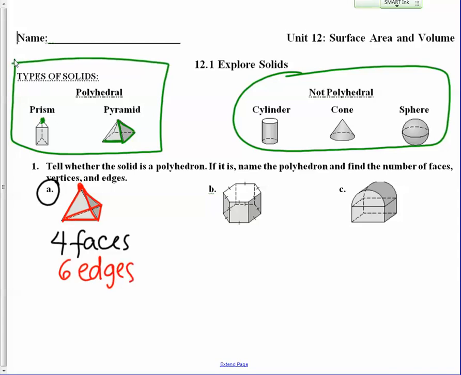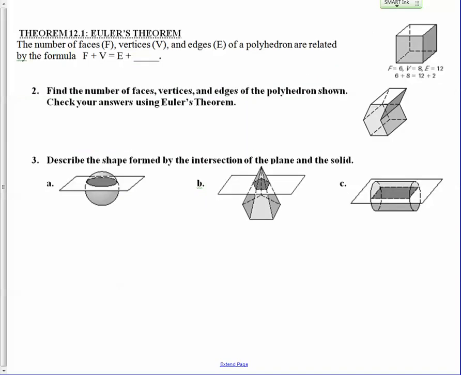And now let's recognize the vertices in here. 1 on the top, 1 here, 1 here, 1 here. So that would give me 4 vertices. We can check our calculations. Will it work or not using the Euler theorem? Let's take a look.